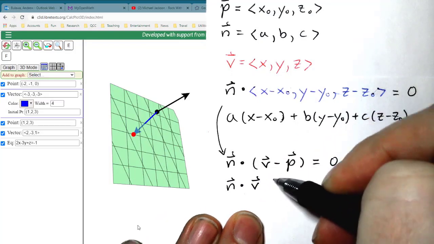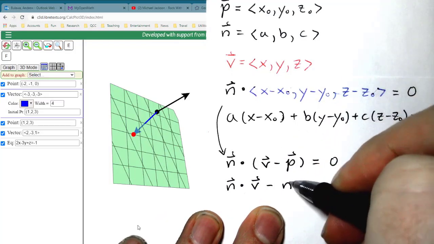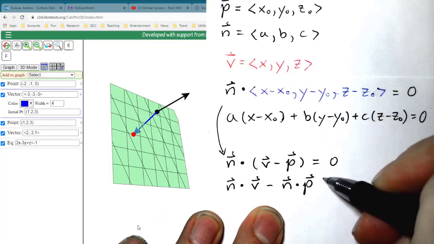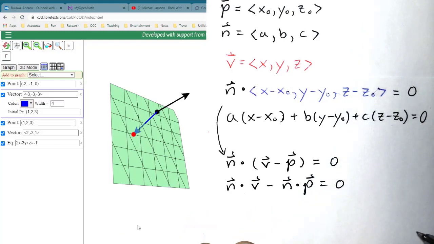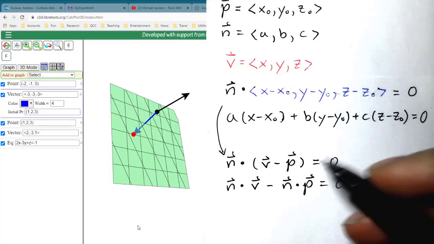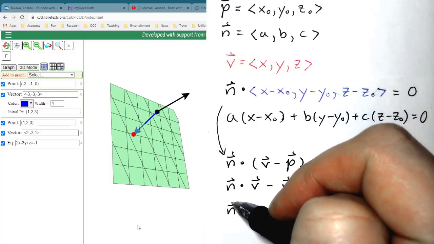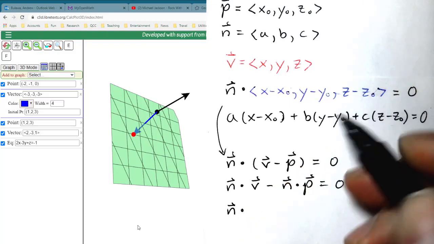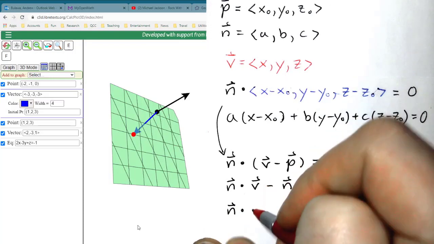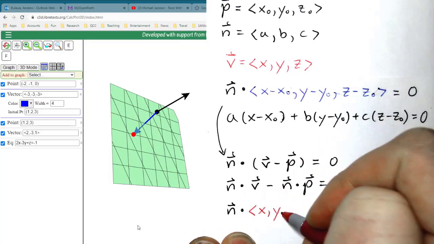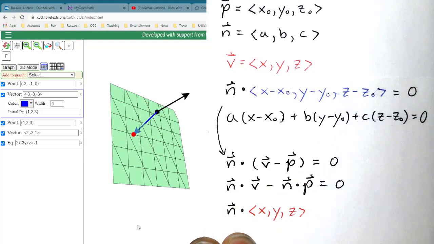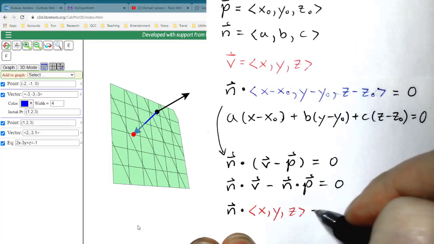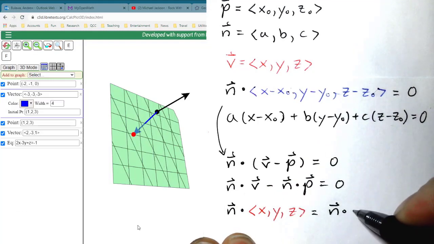So I can write this as n dot v minus n dot p equals 0. And then rearranging terms here, I have n dotted with v. Now what's v? v was the vector x, y, z, equals n dotted with p. Okay.